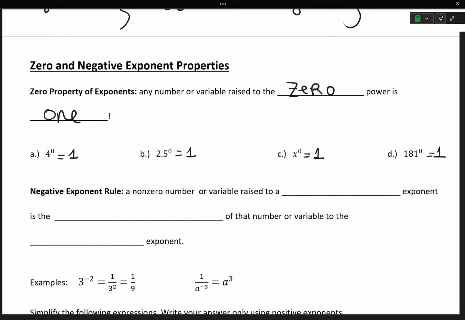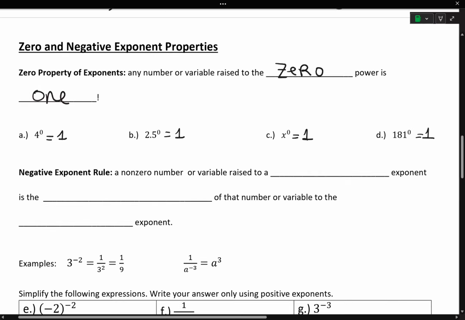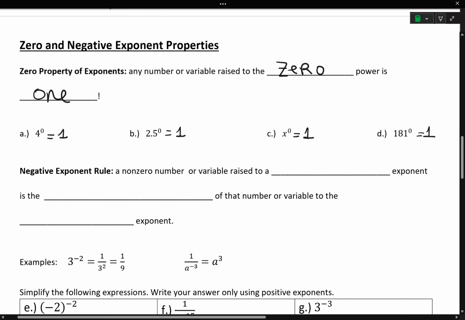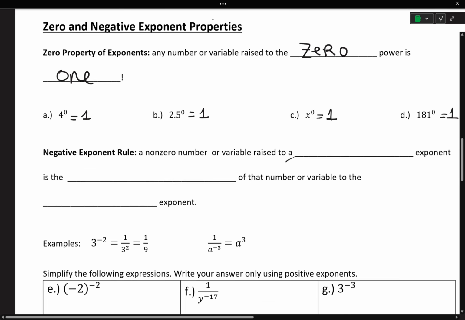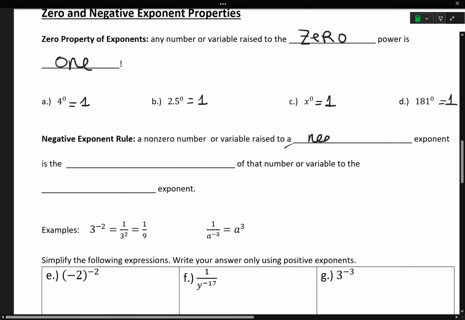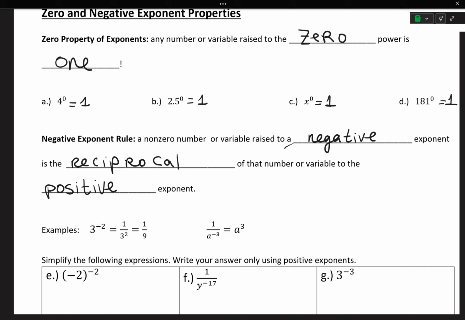Okay. Negative exponent rule. A non-zero number or variable raised to a negative exponent is the reciprocal, and we'll go over that, of that number or variable to the positive exponent.